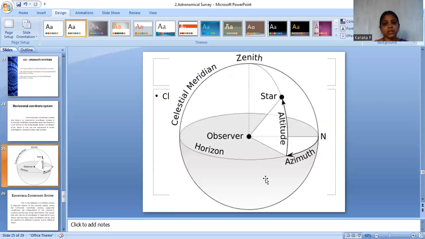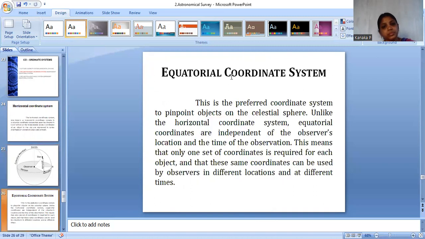This is about the position on the celestial horizon, with the observer, the point of altitude, and the horizon. The next topic is spherical trigonometry. Astronomical study involves the celestial sphere.